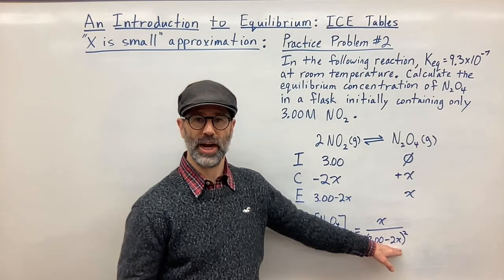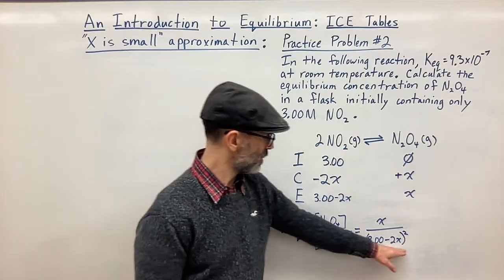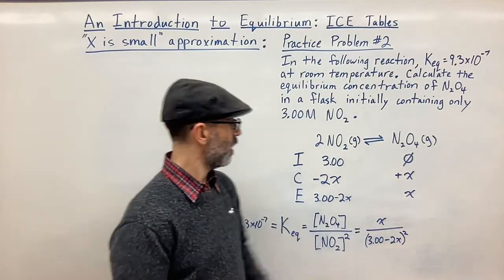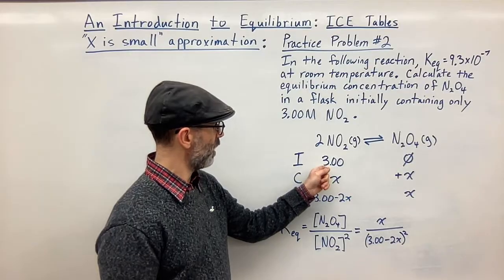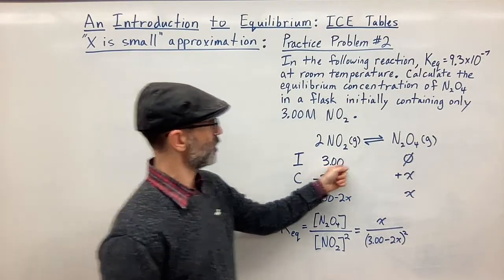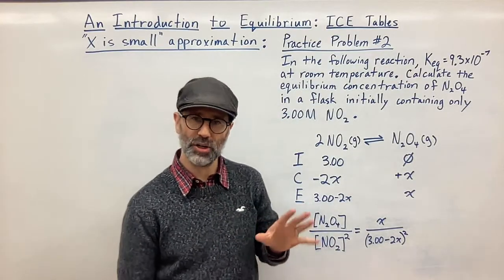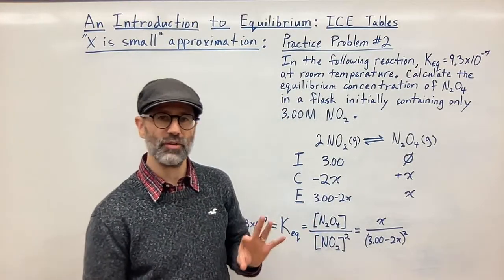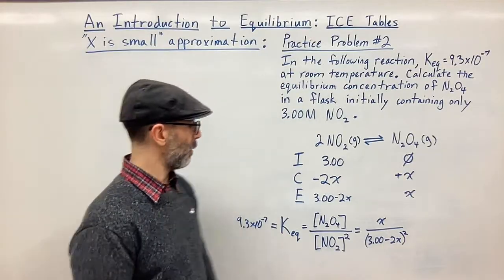You're still going to want to check it, but we can make that assumption. If the factor between your initial concentration and your K is maybe 100, then maybe it's valid, but you'll have to check it.